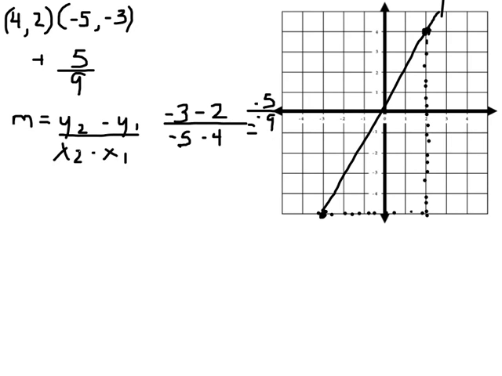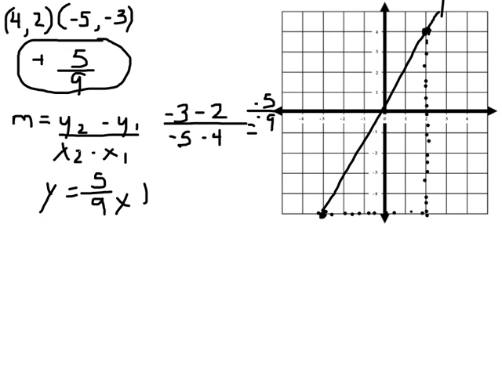Now, because this is the slope, in the y equals mx plus b formula, this would be m. It would be what m stands for. So now we see that y equals 5/9 x plus b. All right, and we said that b is actually the point where the line touches the y-axis.